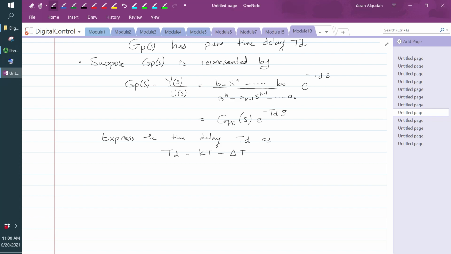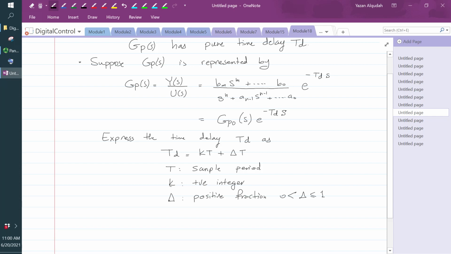T is the sample period, K is a positive integer, and delta is a positive fraction. Therefore delta is greater than 0 and less than or equal to 1.